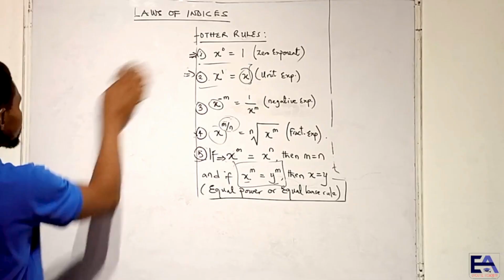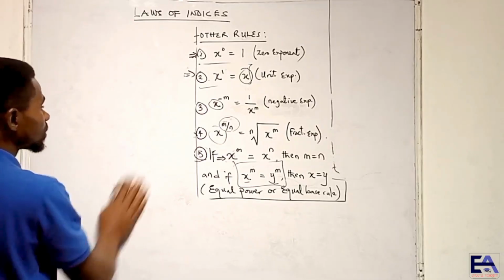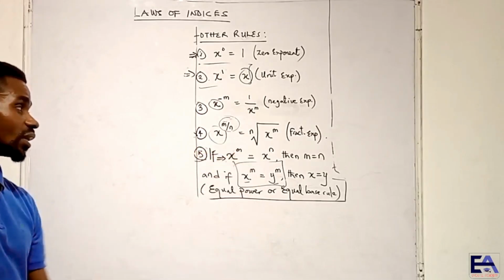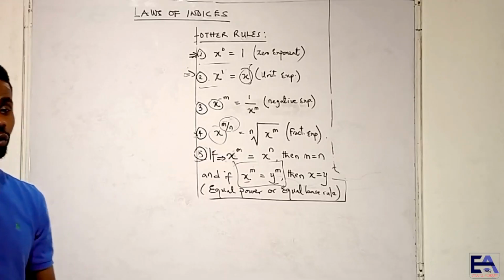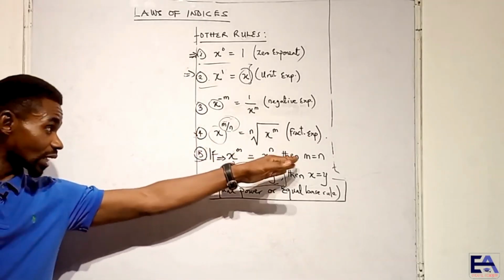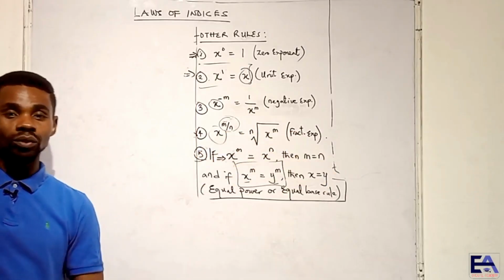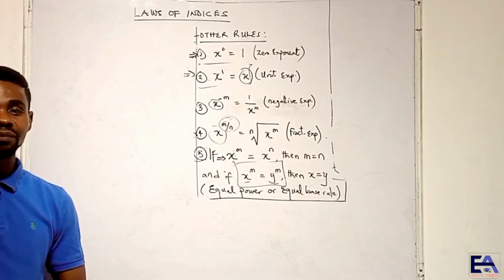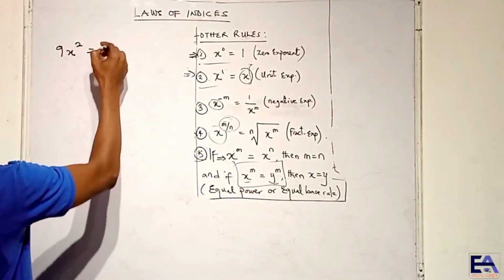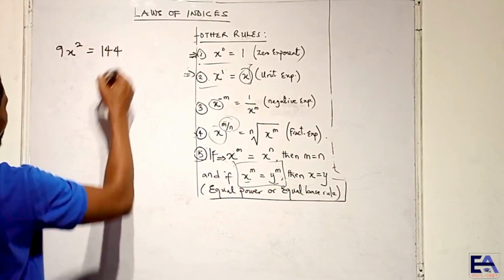Okay, so the next thing here is to consider a case where we have the same base and probably different power, and then we want to equate them so we can get that m is equal to n. All right, 9x squared is equal to 144.